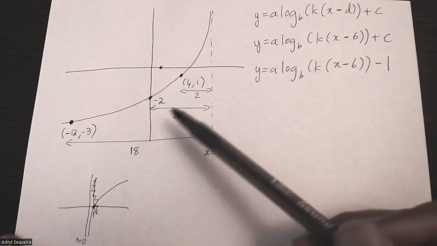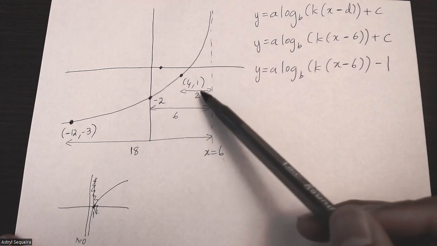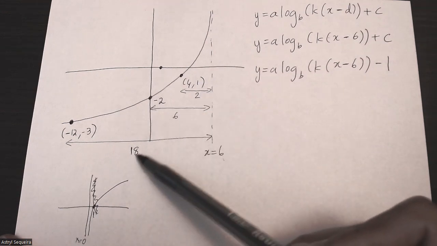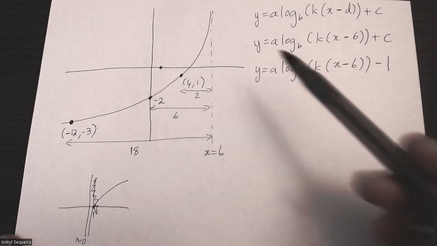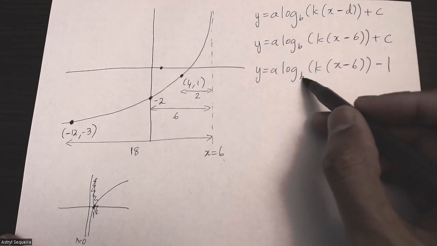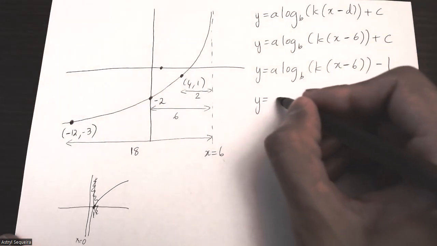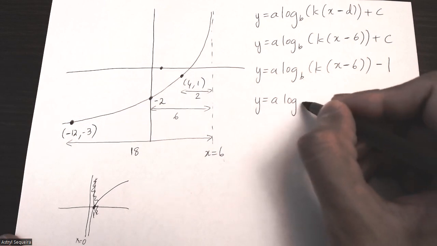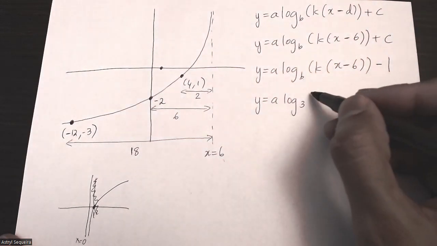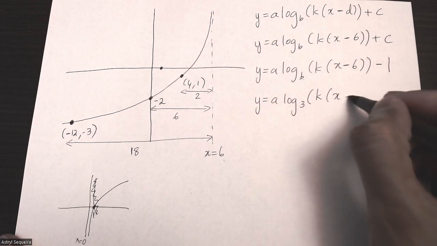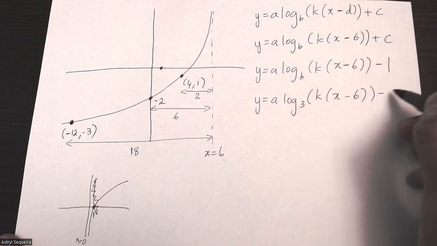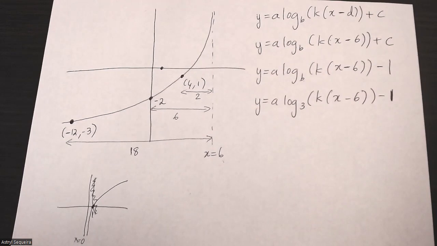Now, if we look at the common ratio between these three, 6 divided by 2 is 3. 18 divided by 6 is also 3, which means that my common base is going to be 3. So I can rewrite this as y equals a log base 3 of k times (x minus 6) minus 1.